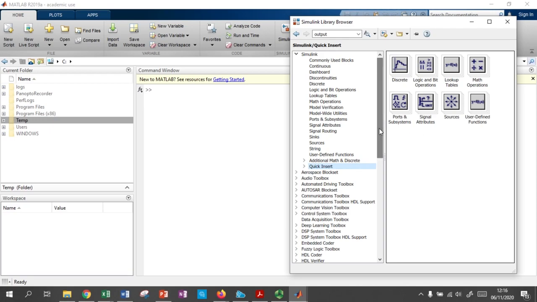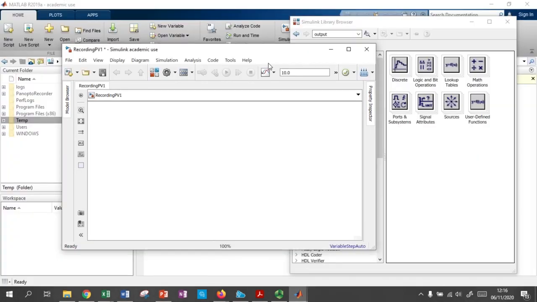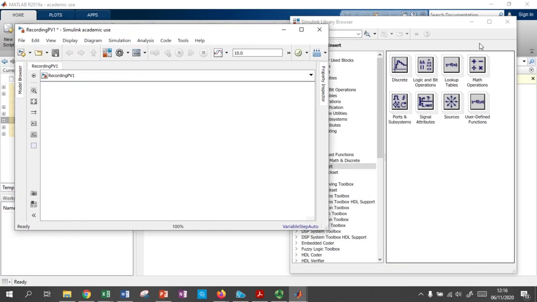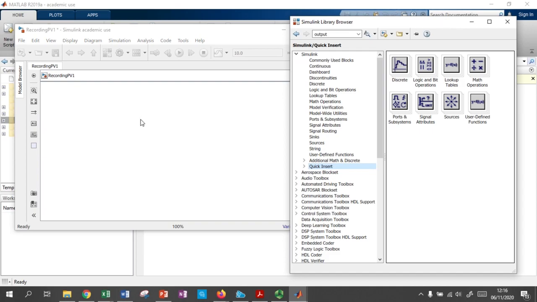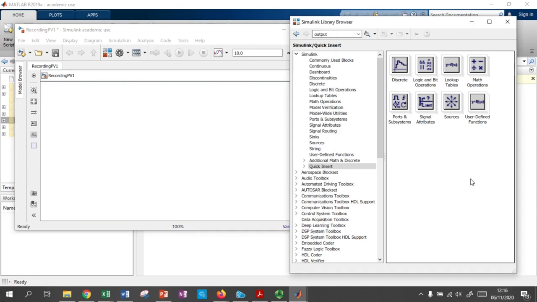Now we would like to start, but for this activity normally we need to have some subsystems. In the subsystems, as you can find here, I need to make one PV array. Because I want to model the PV array, I will make one block which is called PV array.